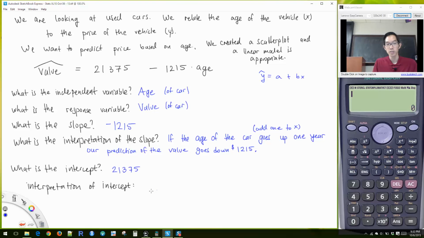Okay. Sorry, I didn't know you hadn't gotten there. Yeah, we're doing that right now. So the interpretation of the intercept is our prediction for y when x is 0. So what does it mean for x to be 0? It means you have a new car, right? So this 21,375 is our prediction for the value of a new car. Okay.